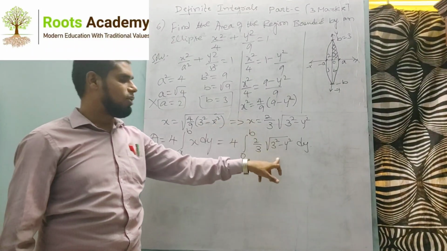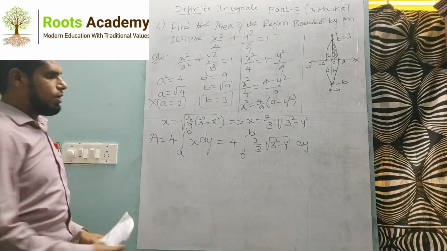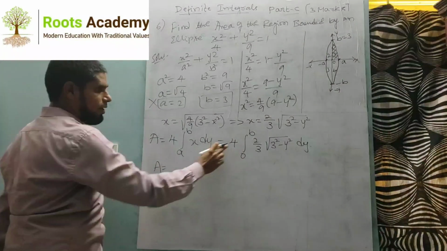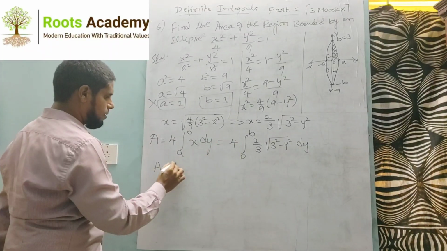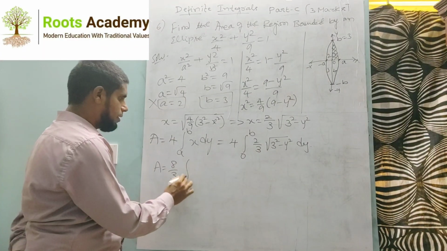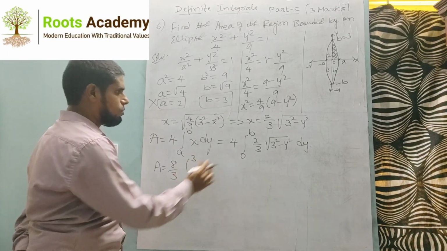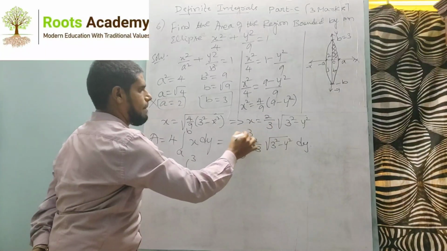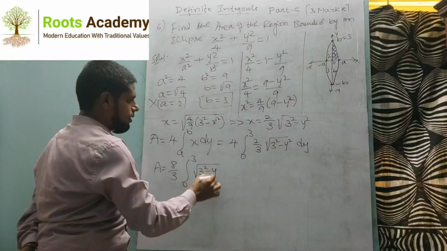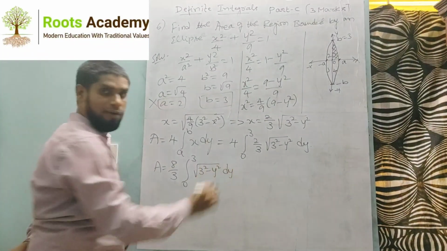Just substituted the value of x. Now you take 2 by 3 outside the integral. Already 4 exists here, so 4 times 2 is 8 by 3. Integral 0 to 3 root of 3 square minus y square dy.